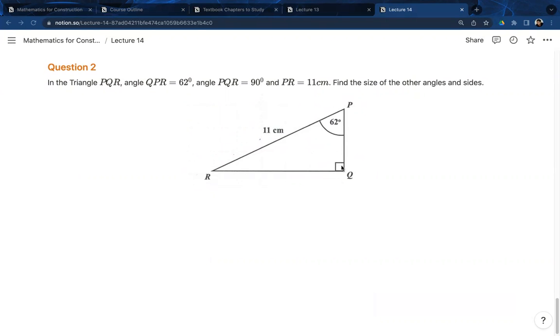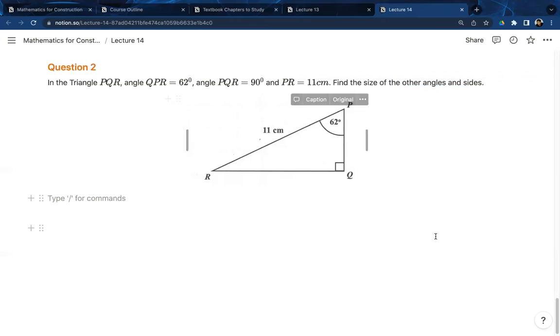So you know these ratios, sine, cosine, tangent, could be used to solve the problem. They told us angle P is 62 degrees. They say find the size of the other angles, find the size of the sides and the angles.